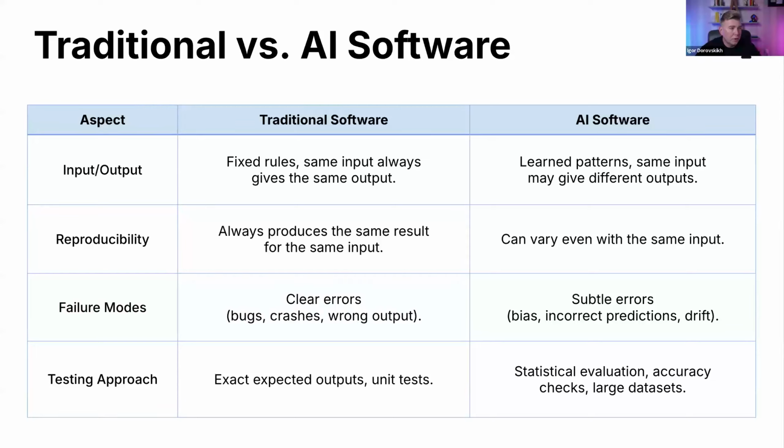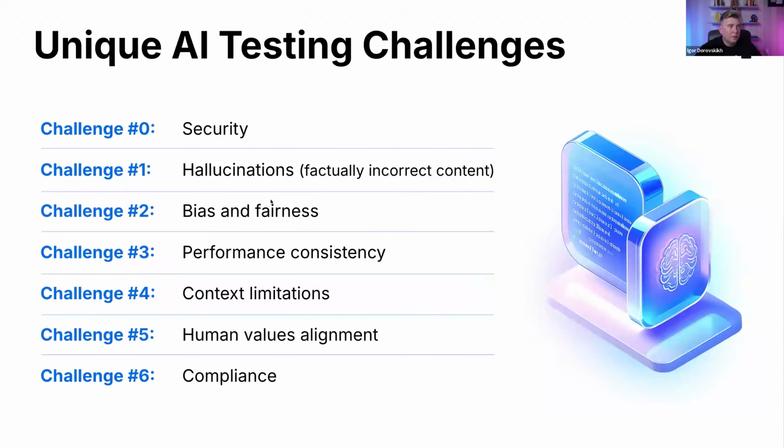And the testing approach: expected output, like the unit tests or functional tests that we get used to, versus AI software, where it's a statistical evaluation. It's not deterministic. Accuracy checks, large data sets. Very, very different.